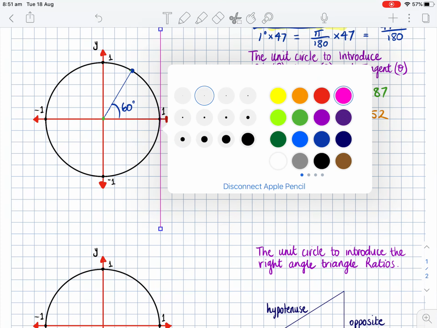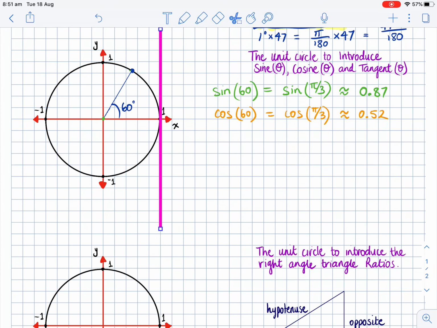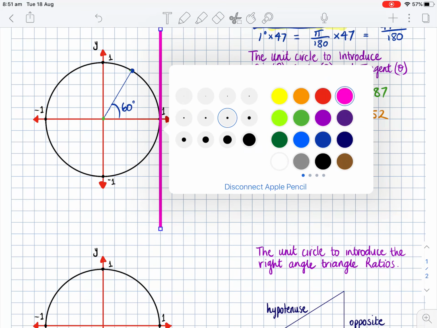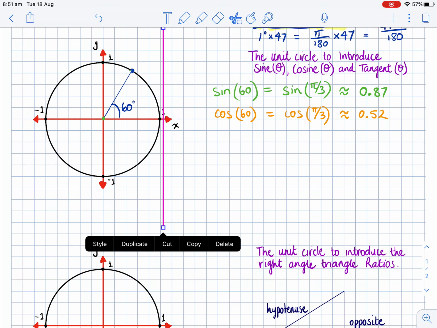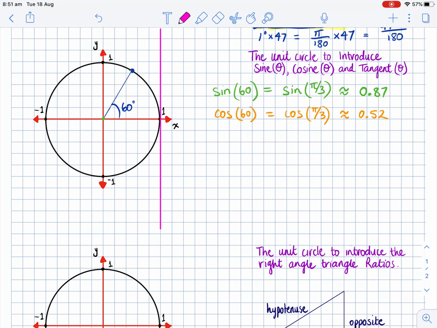Okay, let's just make that a little bit thicker so it's easier to see. That's maybe a little bit too thick. Let's change that back a bit. That's pretty good. Okay, so this line represents the curve at the point where x equals 1, or at the point where it hits the x-axis. This is known as the tangent line.